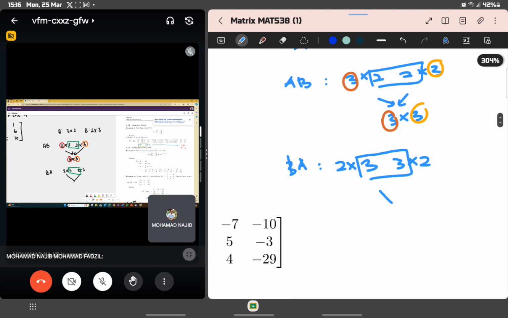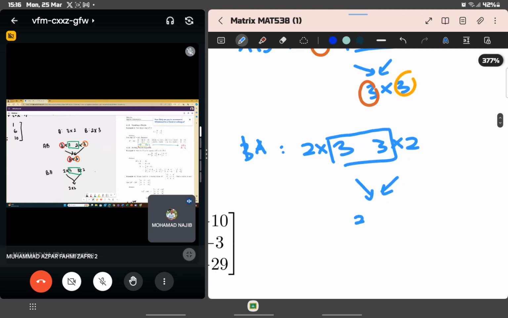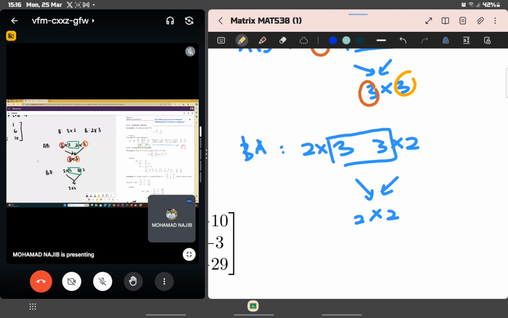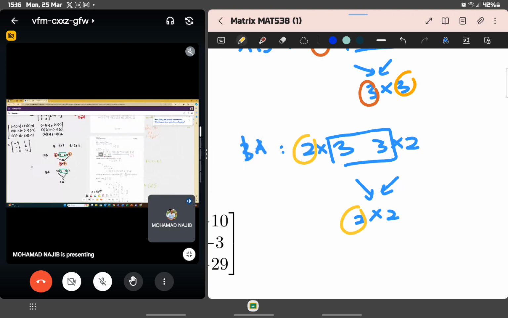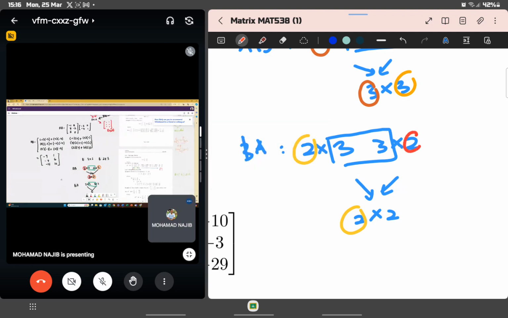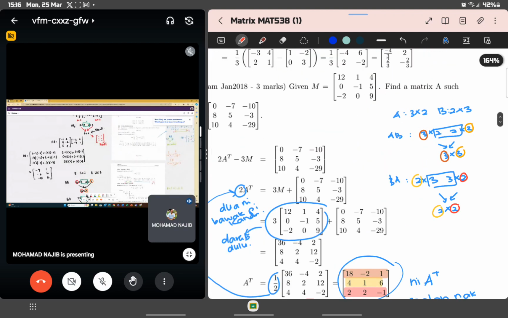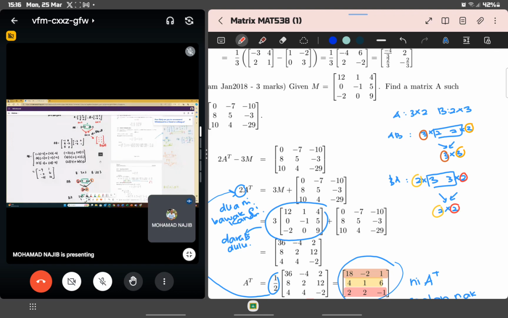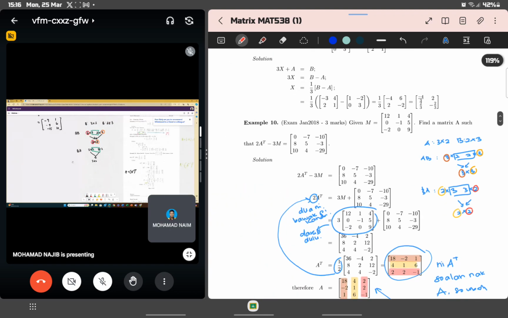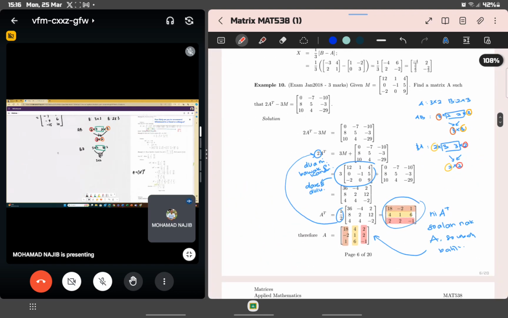Hasil dia 2 by 2. Okey. Contoh soalan ini, AB boleh, BA boleh. Tak ada masalah. Maksudnya dua-dua sekali boleh. Contoh soalan yang example saya bagi tadi, AB boleh, BA tak boleh. Faham tak? Faham, sir. Jadi dua-dua boleh.